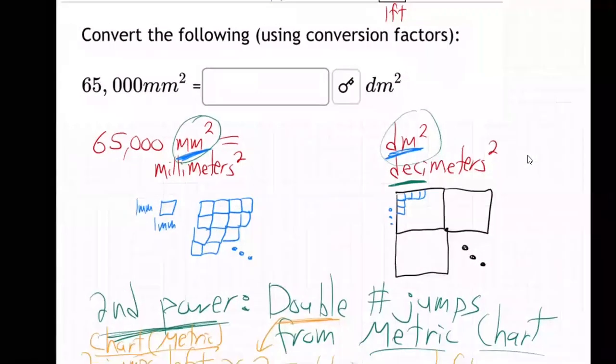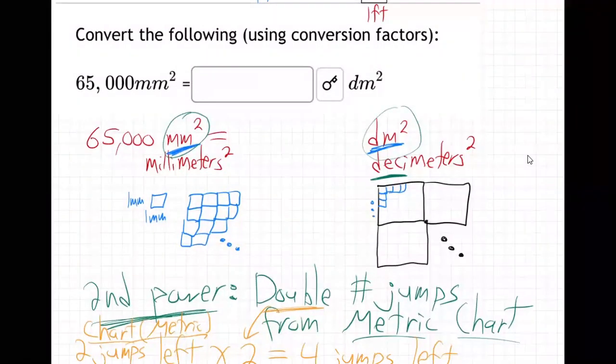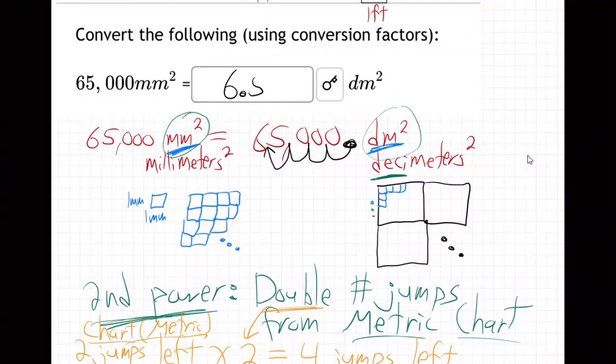So I take that 65,000 number, whose decimal was originally right there, and I go 4 left. 1, 2, 3, 4, right there. 6.5. You don't need to put the zeros at the back. You could, there's nothing wrong with it. It just doesn't change anything, they're just zeros.